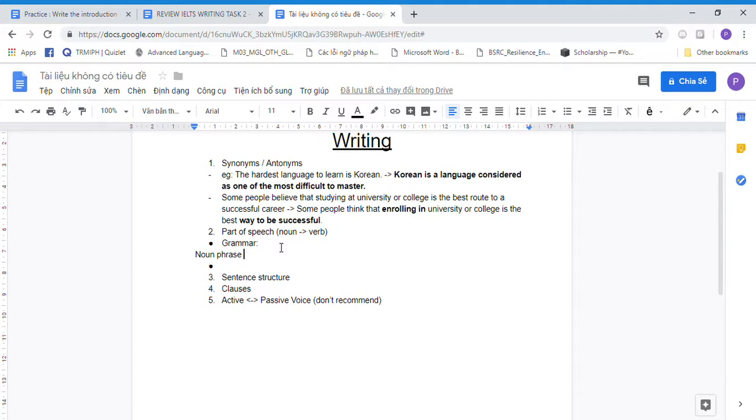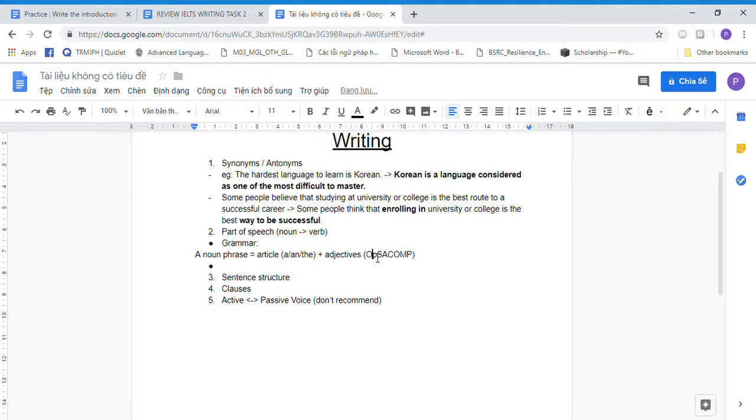A noun phrase, the basic noun phrase, includes an article like a, an, the, with, some adjectives. For example, the order of the adjectives is like this.